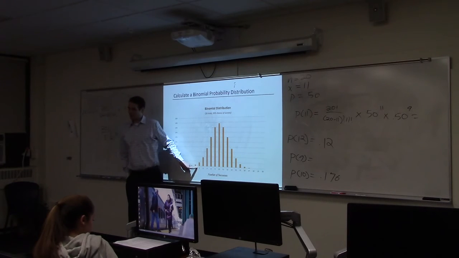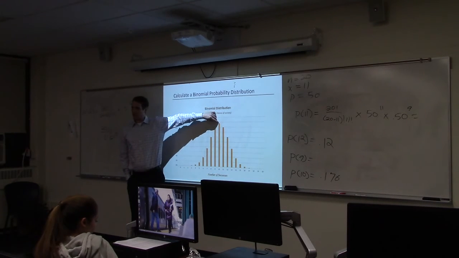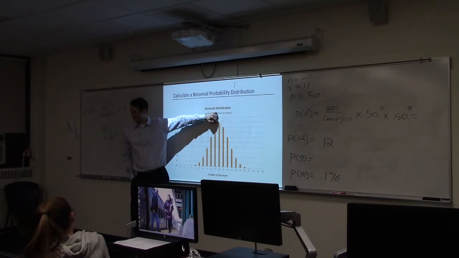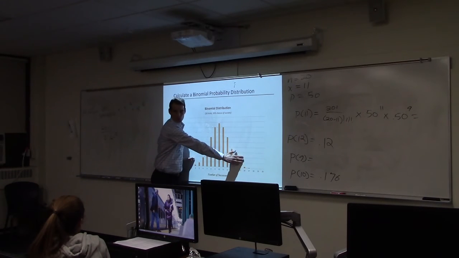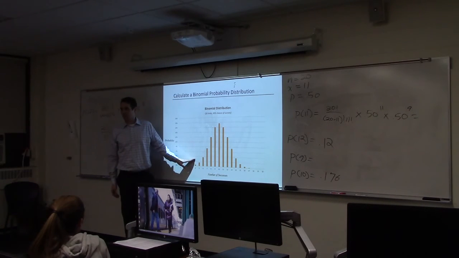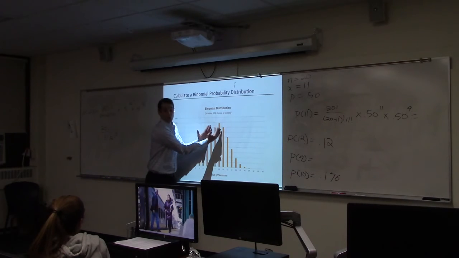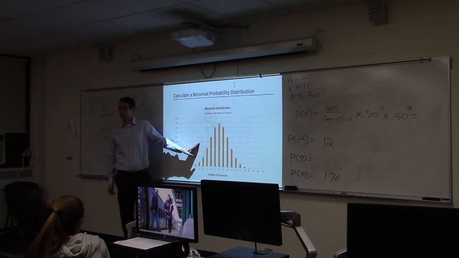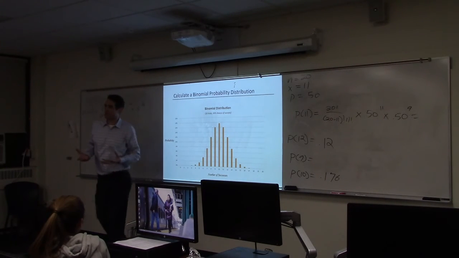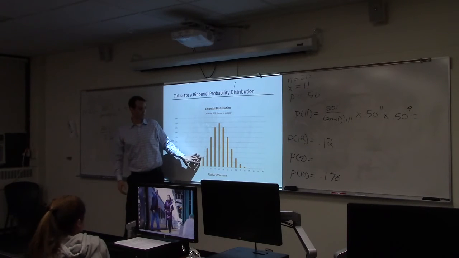And when we have a perfectly symmetrical bell curve, we'll find all we really need to know are two things. What is the mean? What is the average height of those trees? What is the average number of coin flips? And how dispersed is this data? Is this bell curve tall and skinny? Or is this bell curve short and fat? So we know those two things, and we know that this data forms into a normal distribution.